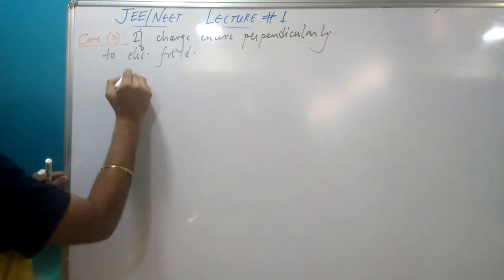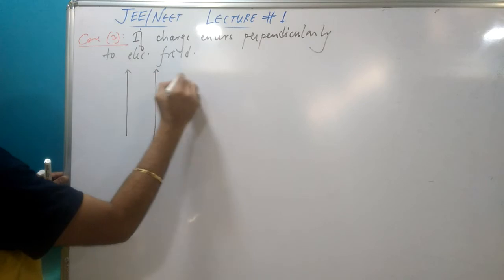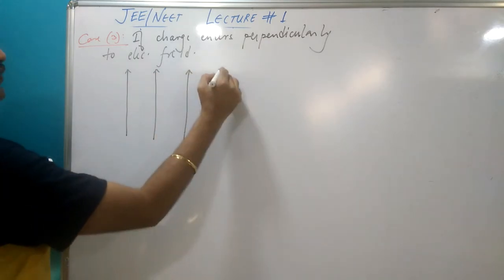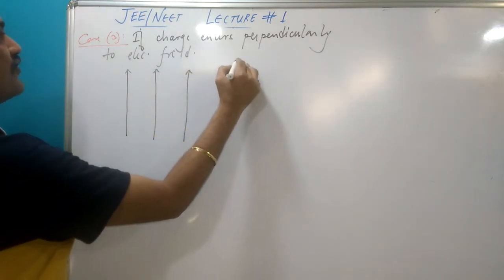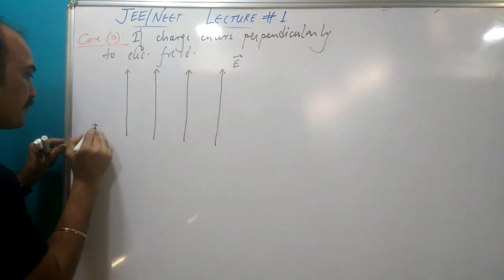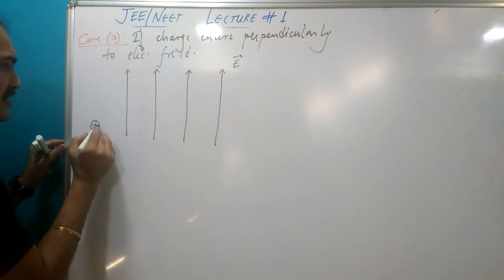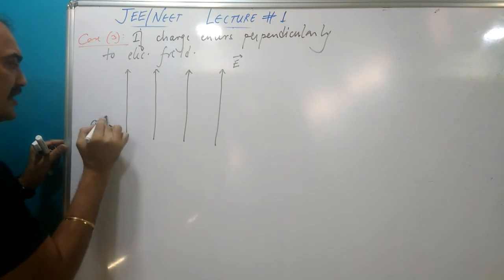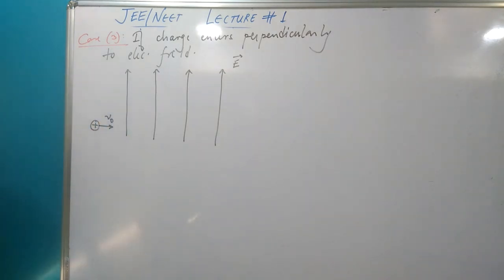Let us say this is my electric field, uniform, but of course. And there is this charge Q here. I'm sure you can see this charge. And it is entering with an initial speed V0. Now understand this.